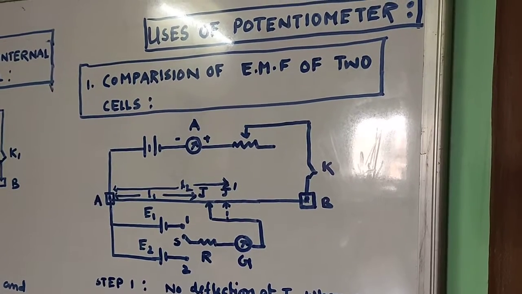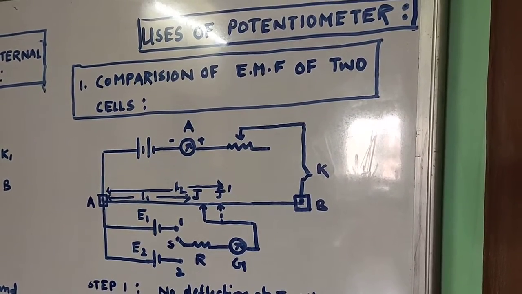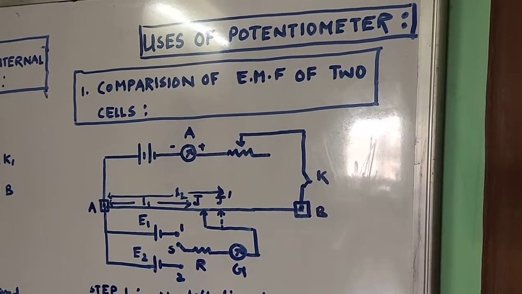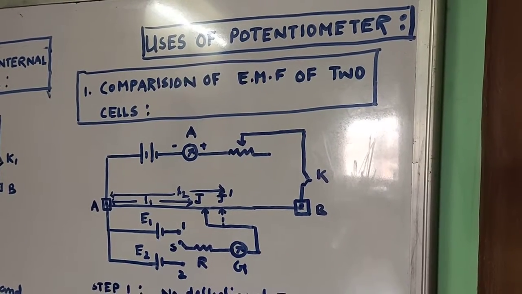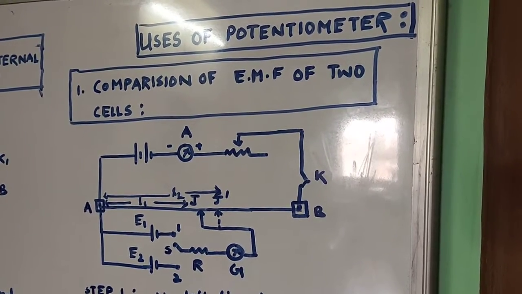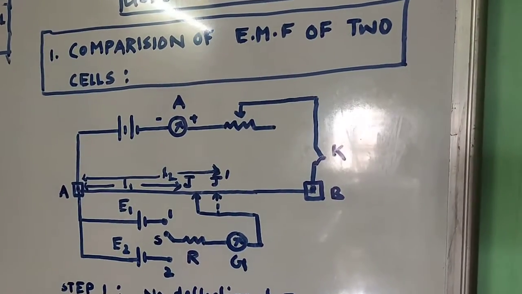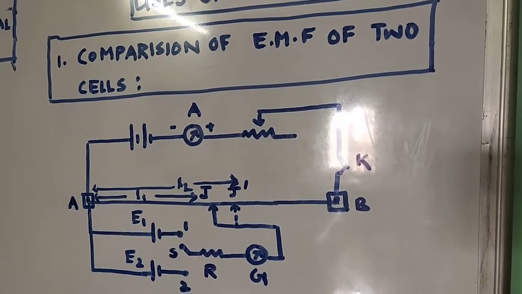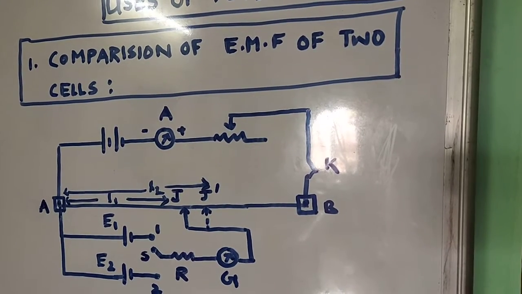Regarding the principle of potentiometer, it says that under constant current, potential difference is directly proportional to the length. That part we are going to use in this experiment. Regarding the circuit diagram, you have a source, connected to an ammeter, and after that to a rheostat.